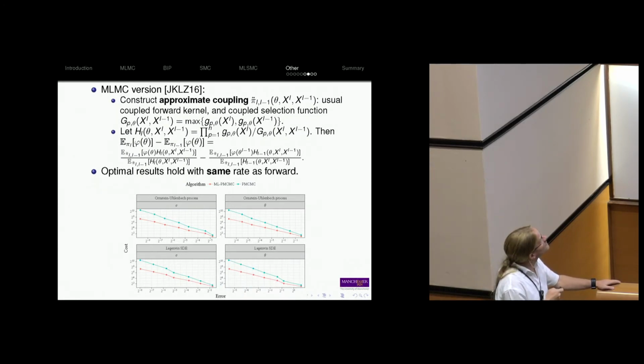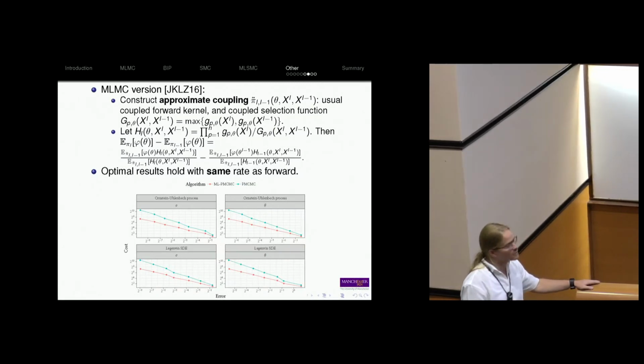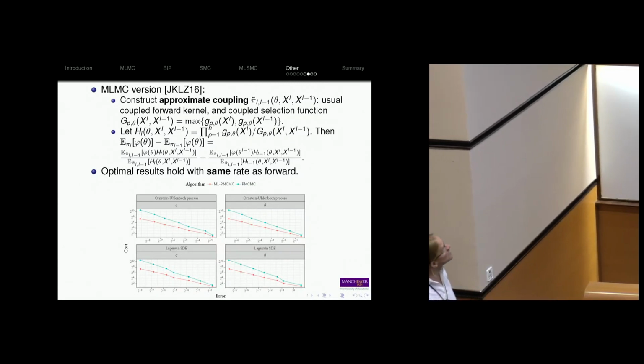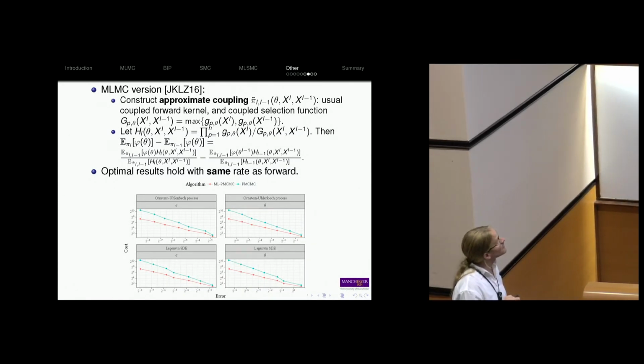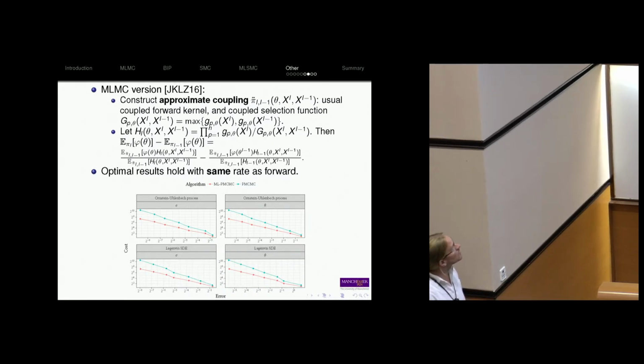The reason for this choice, which the choice of the average also satisfies, is that the weights are bounded by 1, so the estimates are well behaved. So we estimate the increment like this, and now the optimal results hold with the same rate as the forward problem.